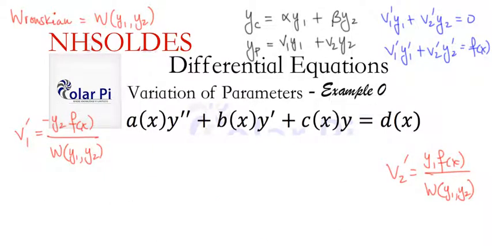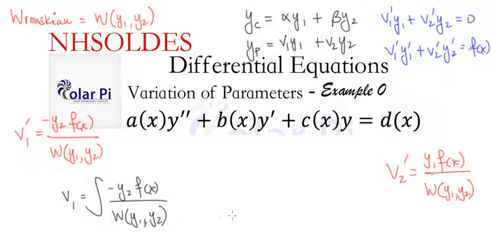So v1 is going to equal the integral of negative y2 f of x divided by the Wronskian of y1, y2, and then dx, of course. And then v2 is going to equal the integral, you get it, of y1 f of x over the Wronskian y1, y2 dx.